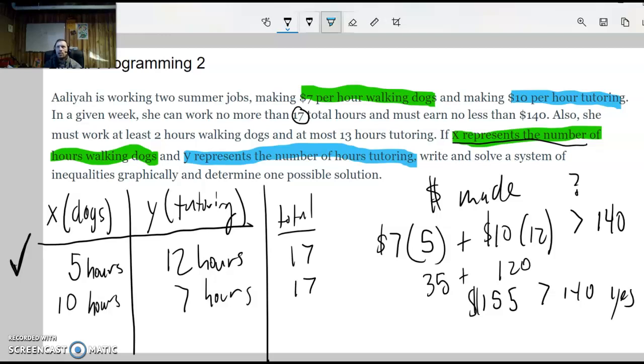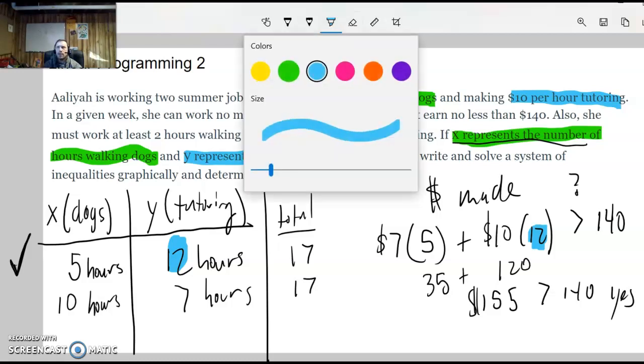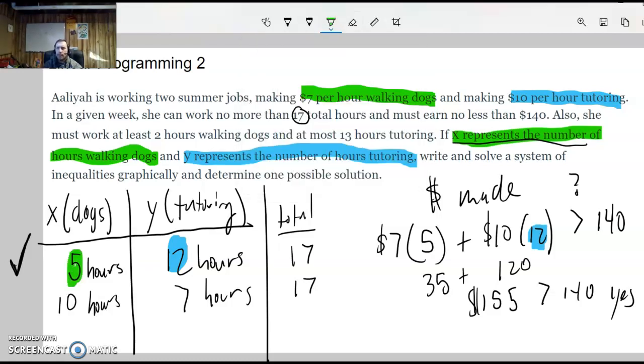Now what do we replace? So where did I put my 12 hours? I put it right here. And where did I put my 5 hours? I put that right here. So if I'm going to do this again, I'm going to replace this. And hopefully you have more space that you can just not erase; you can just do another line.